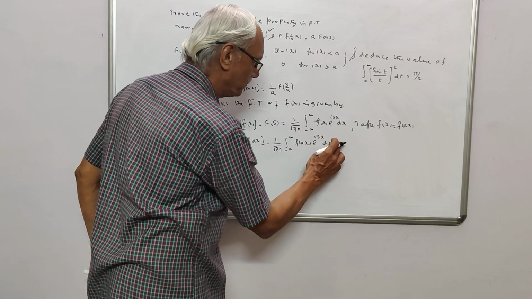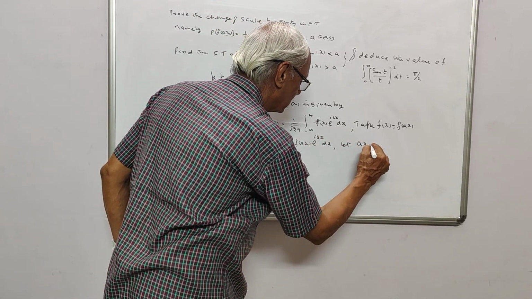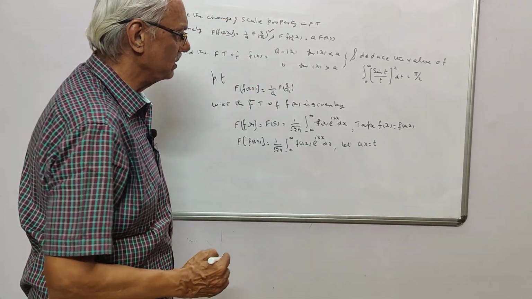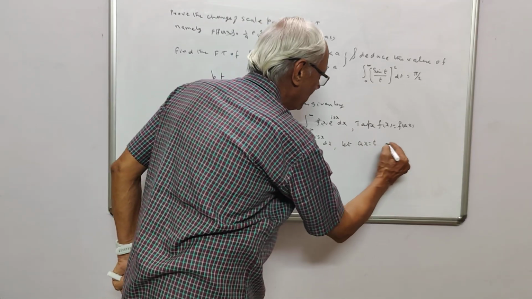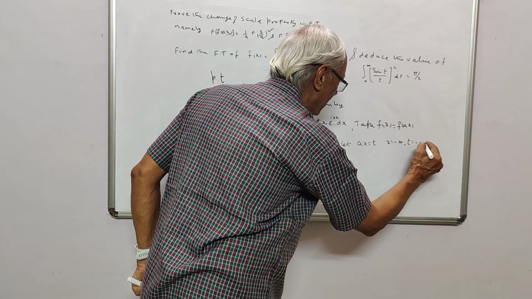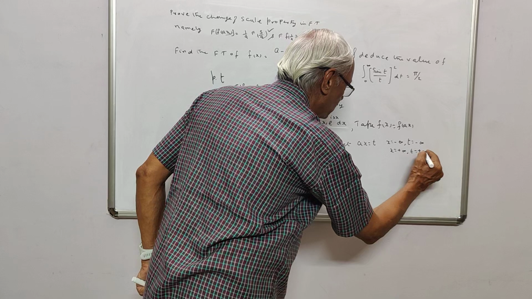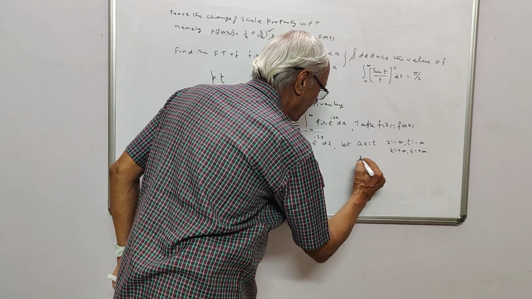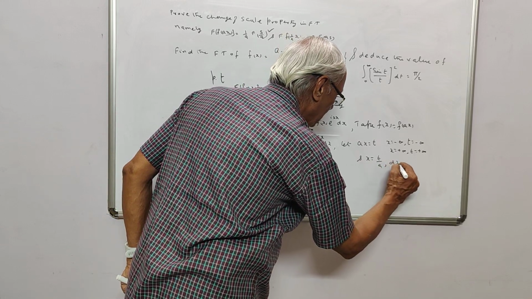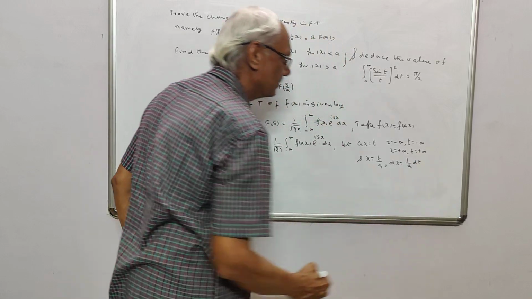Then I'll put here, let ax is equal to t. You take this ax is equal to t. So when x is equal to minus infinity, t is also equal to minus infinity. When x is equal to plus infinity, t is also equal to plus infinity. And x is equal to t by a and dx is equal to 1 by a into dt.